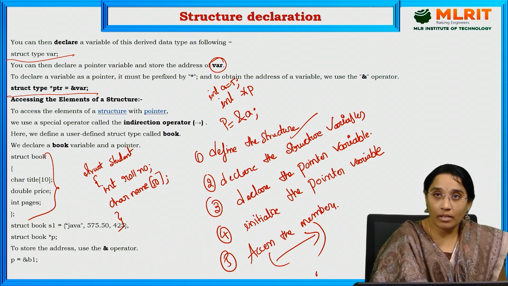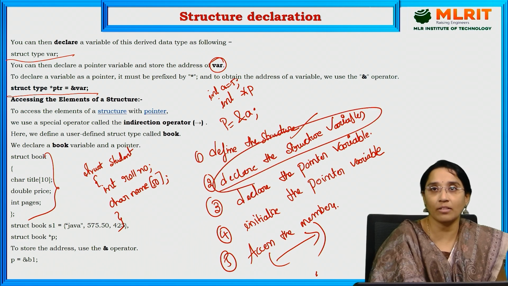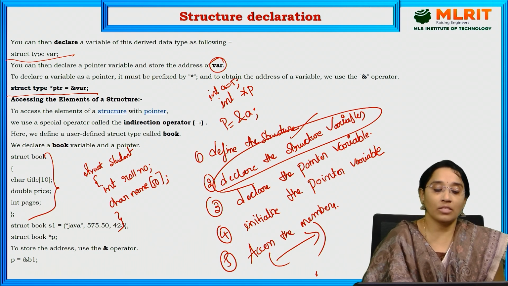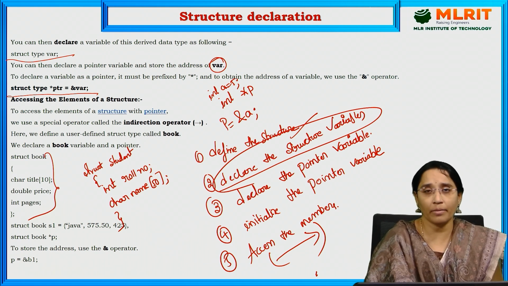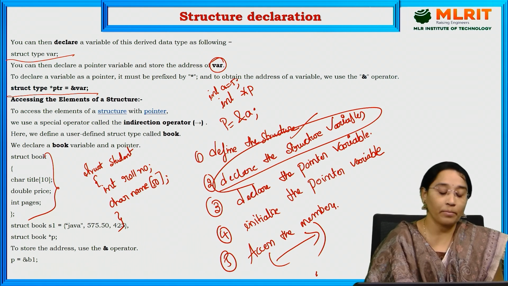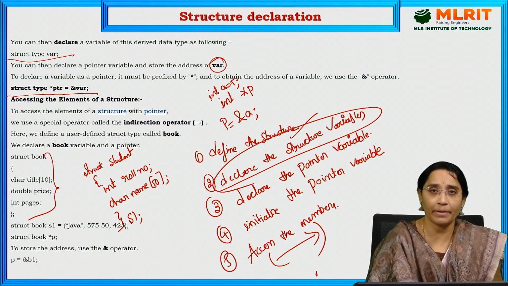Next, declare the structure variables. In the previous session I discussed this is just a template and memory will not be allocated. If you want to allocate memory for your execution, you have to declare the variable. So I have declared the variable. Okay, my variable is S1.